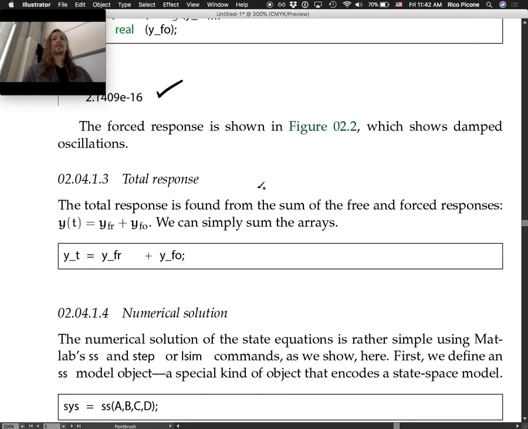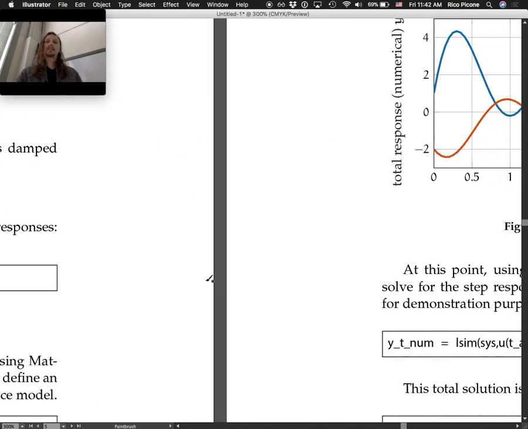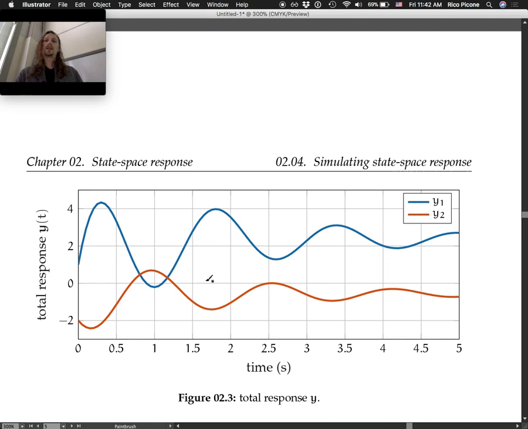Now to find the total response, all you need to do is sum the free and forced responses, right? It's literally just free plus forced, and that solution is shown here.